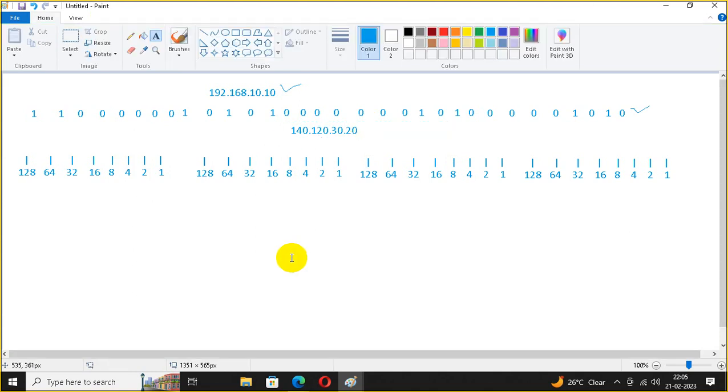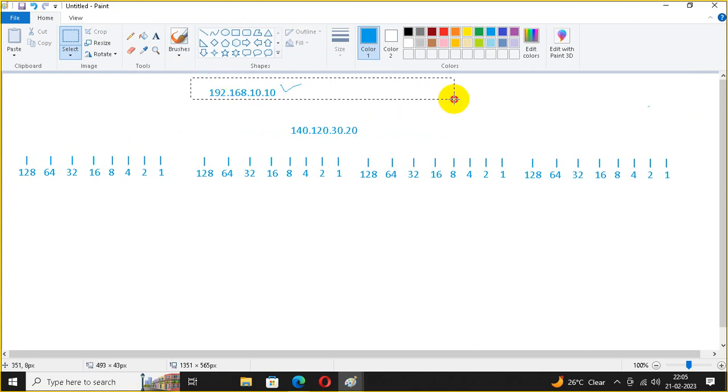How will you translate this? How will the machine translate it to binary? Rishil, tell me the answer. Binary format. So you forget. 140, 120, 30. Oh, sorry.